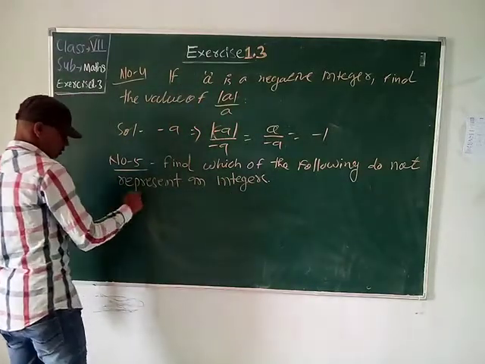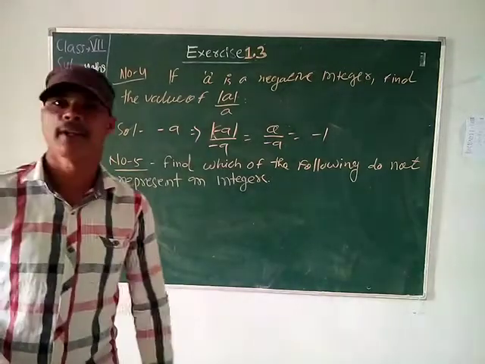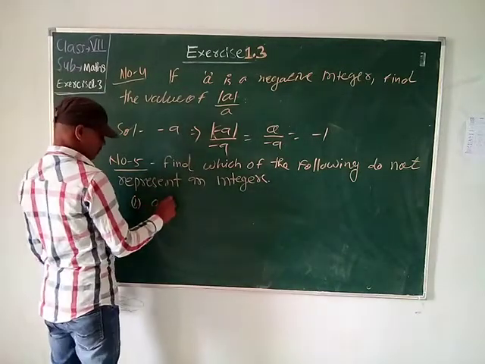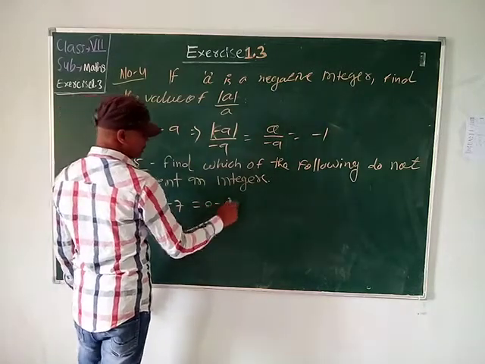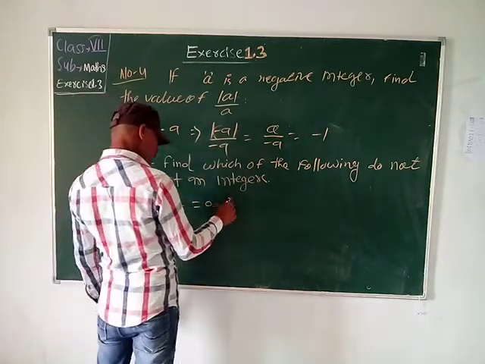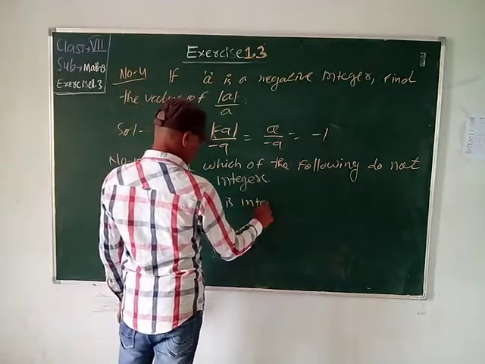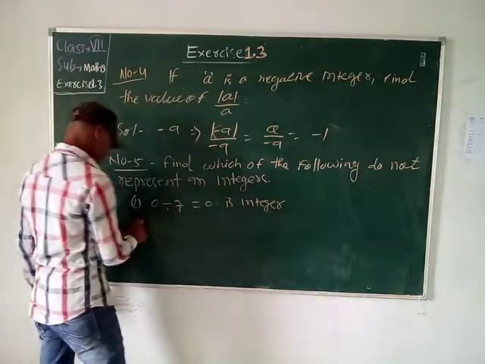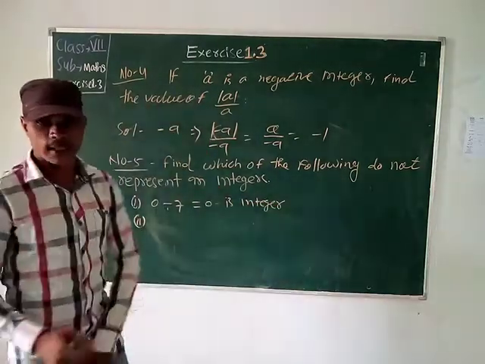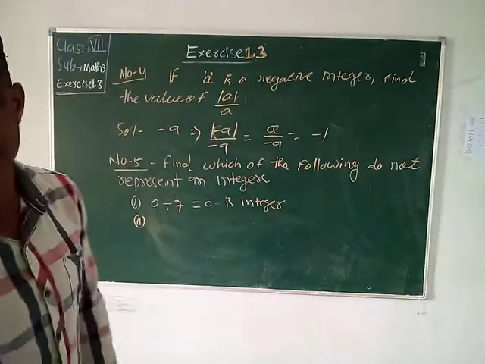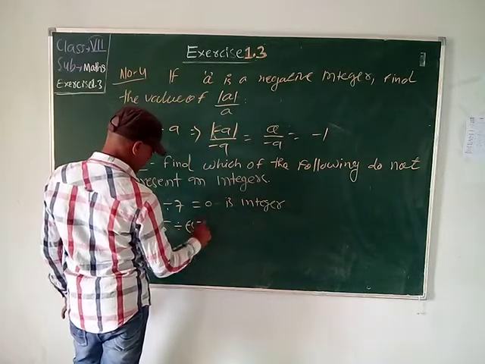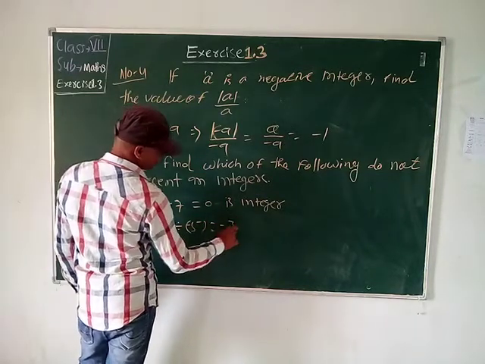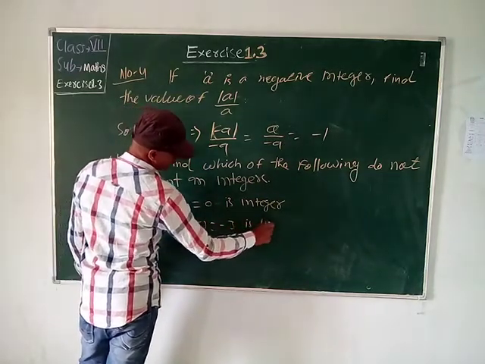See, 0 divided by 7 equal to 0, which is an integer. Now the second bit is 15 divided by minus 5 equal to minus 3, which is an integer.